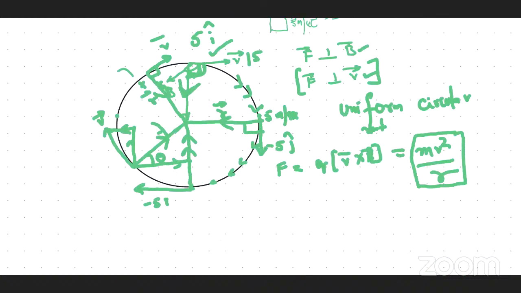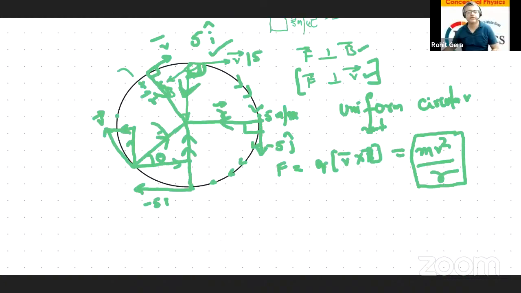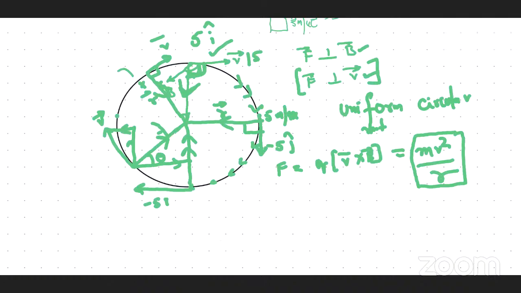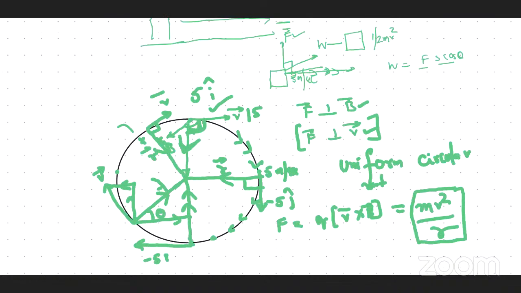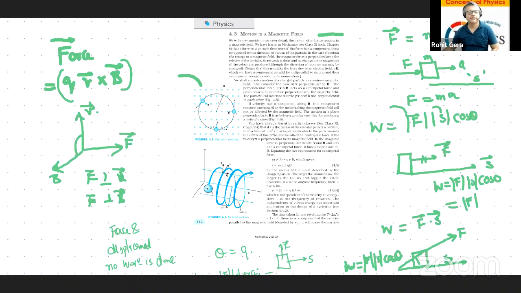Very similar to when force and displacement are at 90 degrees. So if you enter a magnetic field as a charge, and the magnetic field is perpendicular to the velocity, we have taken all perpendicular situations in our scenario.